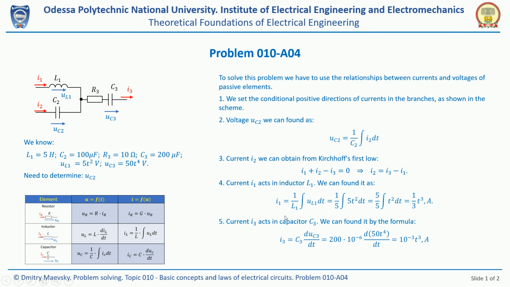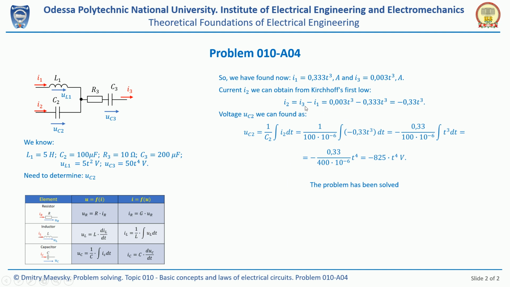Now we already have a value of current number 1 and current number 3, and now we can use our formula to determine I2. According to this formula, we can see that our current number 2 is minus 0.33 times t power 3.